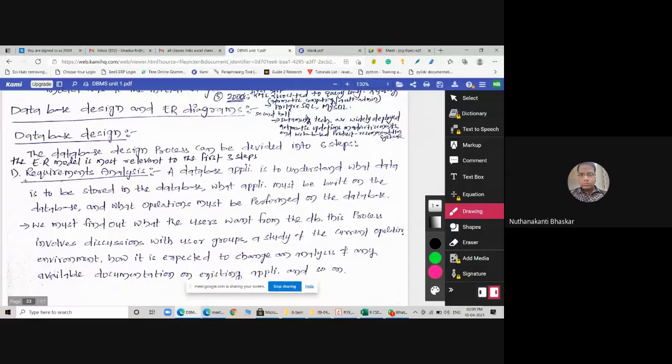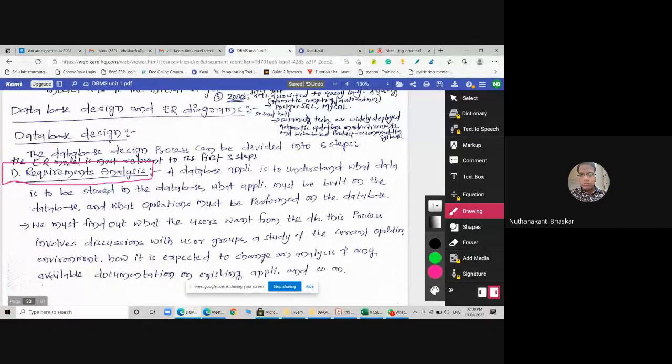The first phase of database design is requirement analysis. Whenever someone asks us to design a database, first of all we have to collect the requirements and analyze them. For example, I want to construct the database for a college. First I collect the requirements, and after collecting, I have to analyze them. What entities do I have to identify?